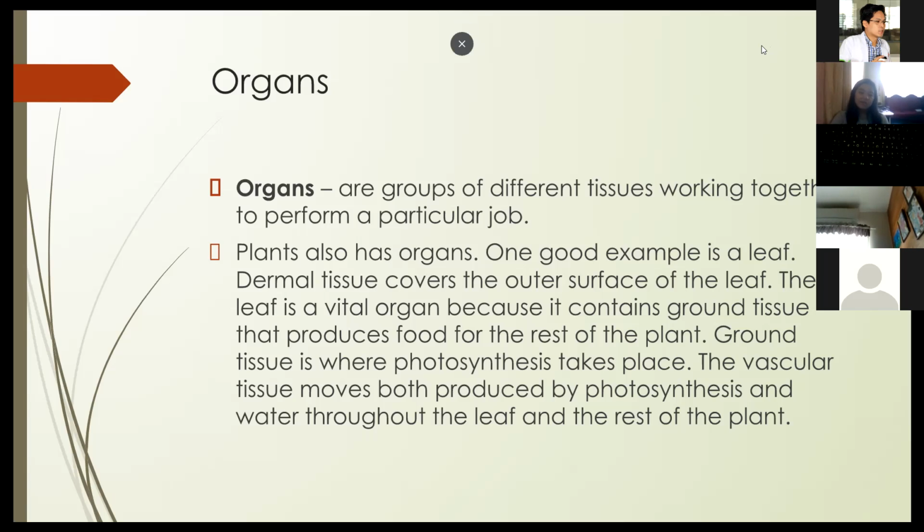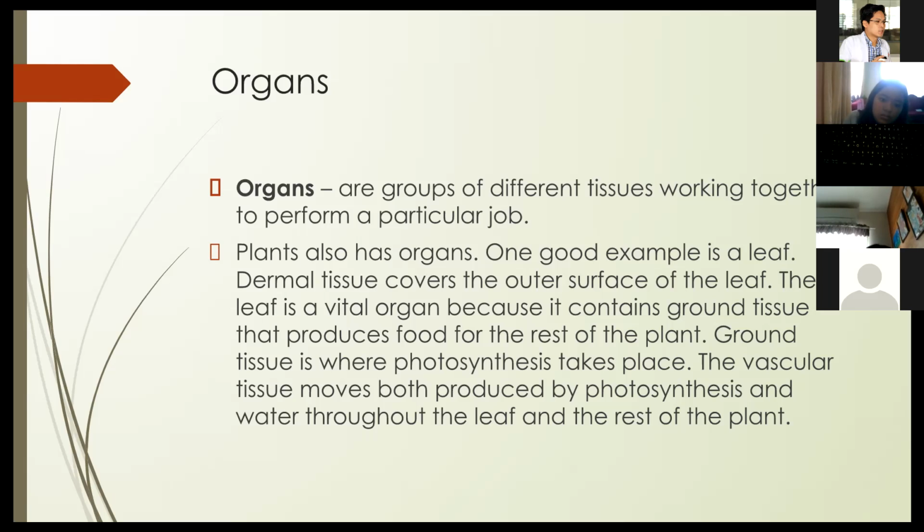Now, plants also have organs. One good example is a leaf. A leaf is an organ because there are a lot of dermal tissues that cover the outer surface of the leaf. Okay? The leaf is a vital organ because it contains ground tissue that produces food for the rest of the plant, right? Because photosynthesis happens in the leaf or in the leaves of the plant.